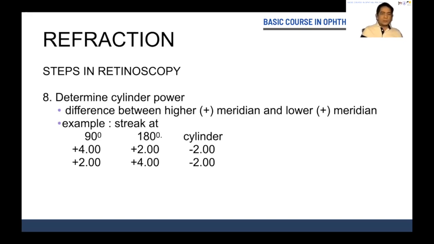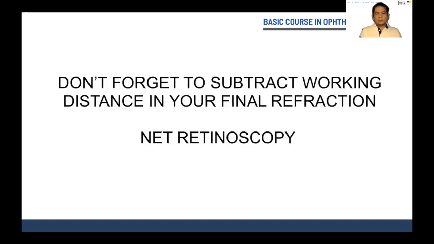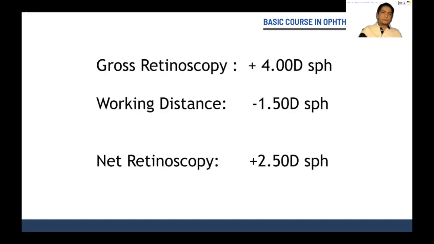Okay, but here we use a minus cylinder form. So never forget to subtract the working distance in your final refraction. And your end point is always the net retinoscopy. So again, if you have a gross, you just subtract the working distance, and then that will be your net retinoscopy.